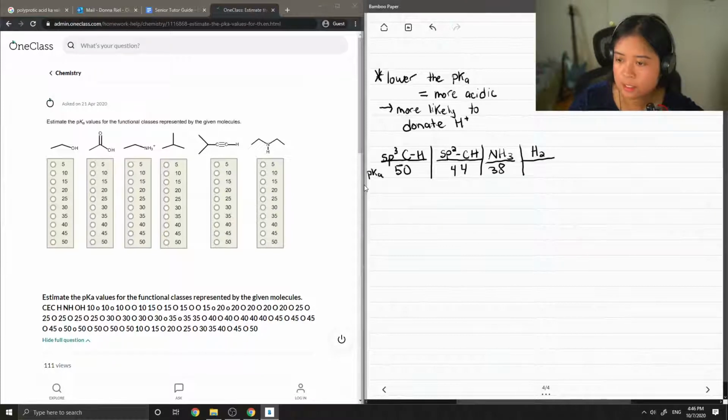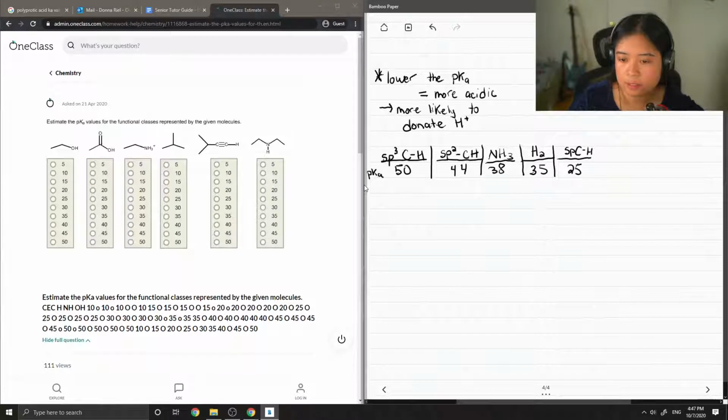So again, I'm not saying you should memorize these values, but it's just good to see the kind of trend that you get. And the more you do these questions, you start to memorize what their pKa values are. So I'm just gonna write them all down. sp hybridized carbons, around 25.